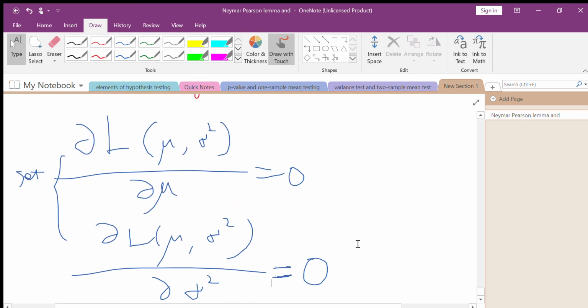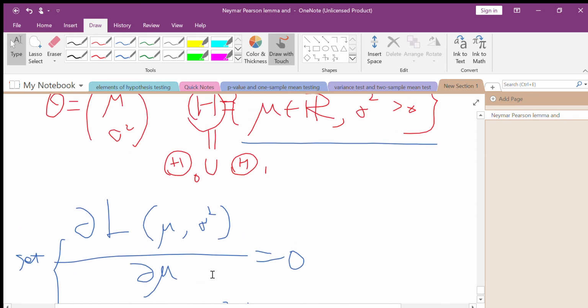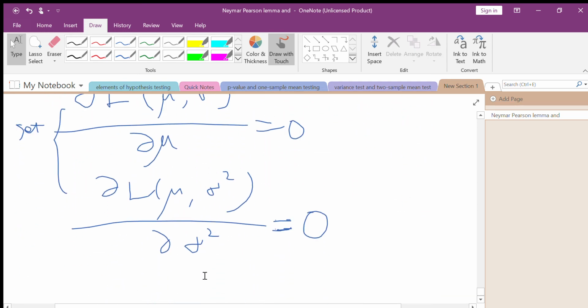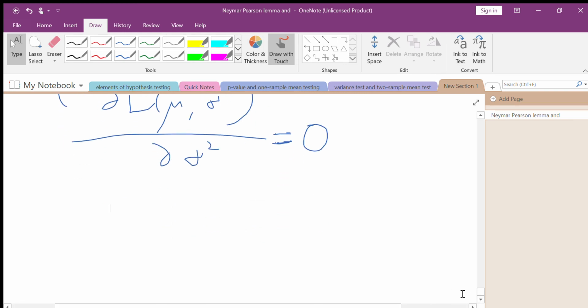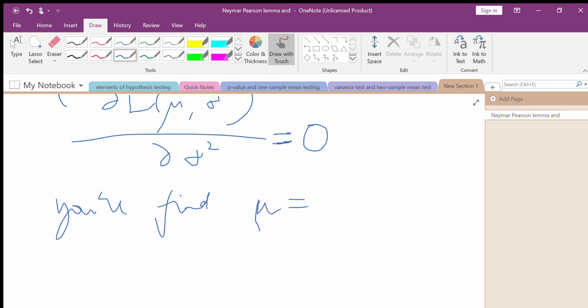Then solve. You will find mu should be small x bar, and sigma squared should be 1 over n, sum from i equals 1 to n of (x_i minus x bar) squared.